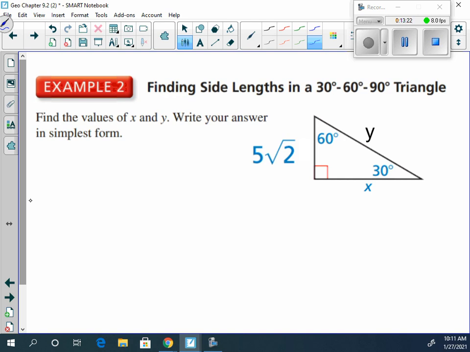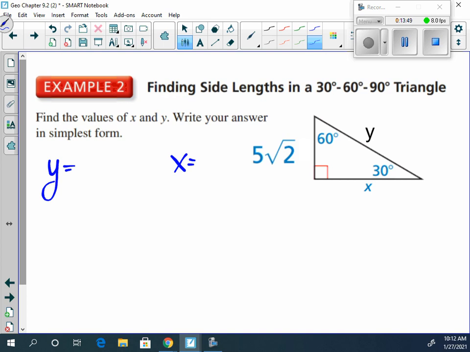So what side are we given? Side opposite 30, the side opposite 60, or the side opposite 90? So the side opposite 30. So we need to find the hypotenuse, which was given as y, and the side opposite 60, which is x. Which one of those do we want to find first?